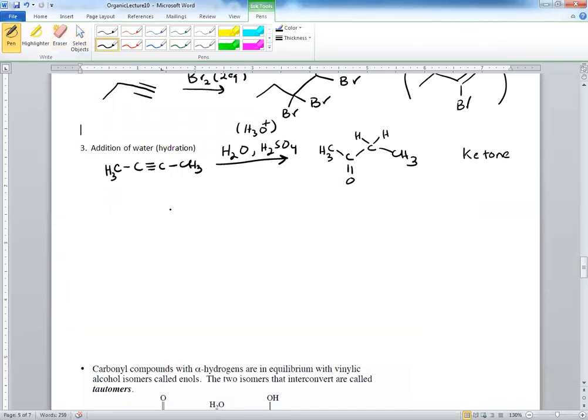So the mechanism starts this way. You have hydronium, protons are electron poor, the alkyne is electron rich, and it protonates, so you have your alkyne turning into what we call a vinyl carbocation or cation.